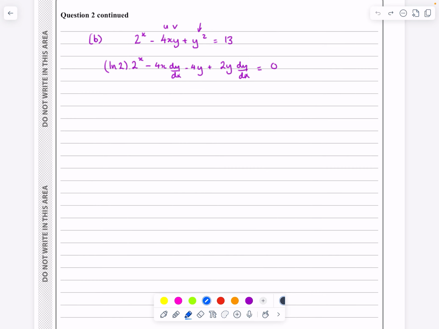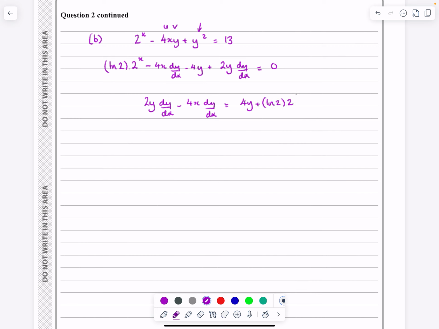So what I'm going to do here then is put it in the right sort of order. I'm going to say 2y dy by dx minus 4x dy by dx, and then take the other two over to the other side, 4y plus log 2 to the x here.